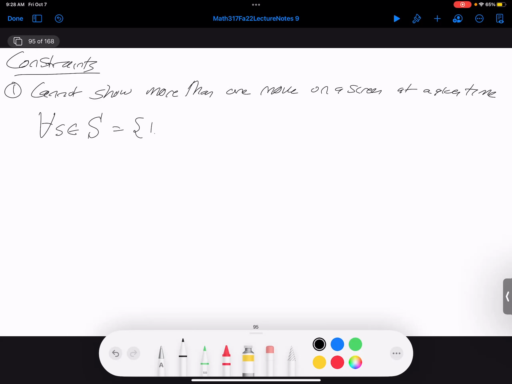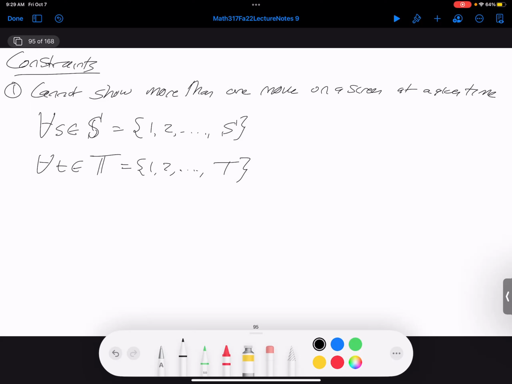This will mean the screens 1 all the way up to S. So I'll try to make it like a fancy S. And then for all T in time, right? So we're going to get a constraint for every screen and for every time. And now we want to make sure that we don't have multiple movies playing on this screen at this time.